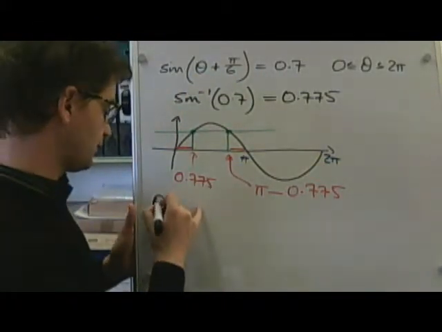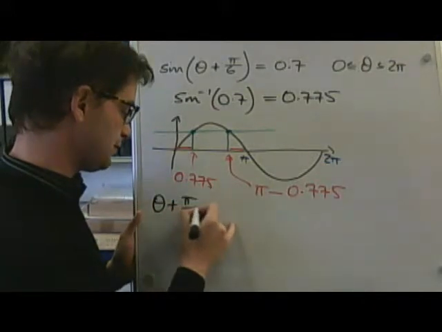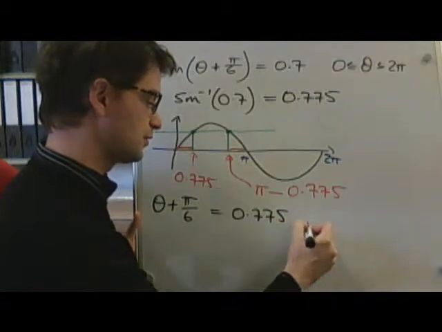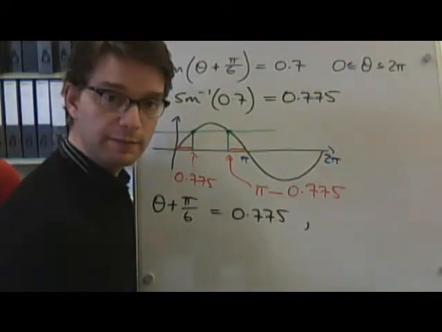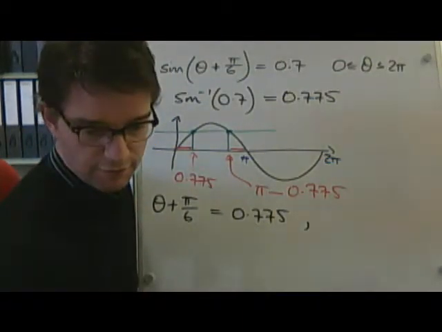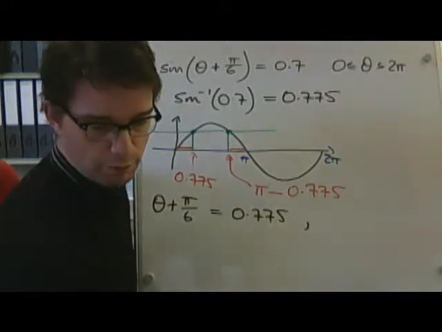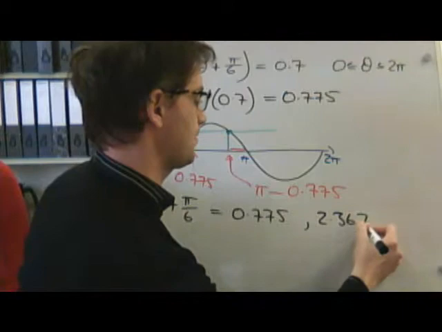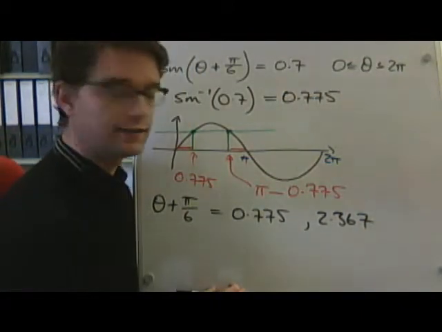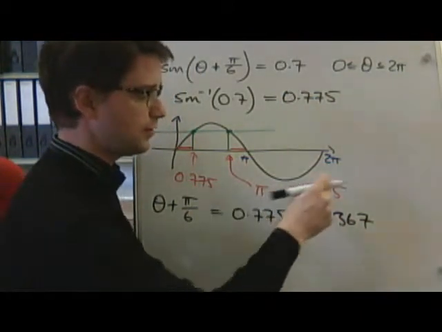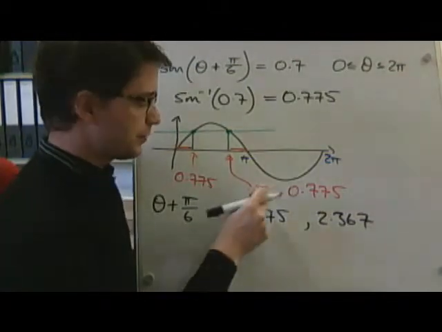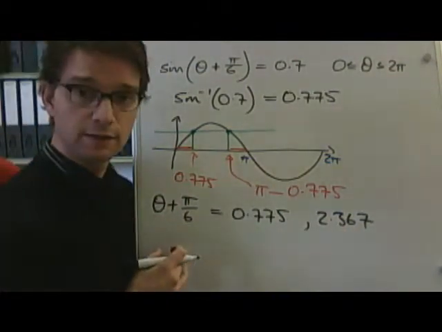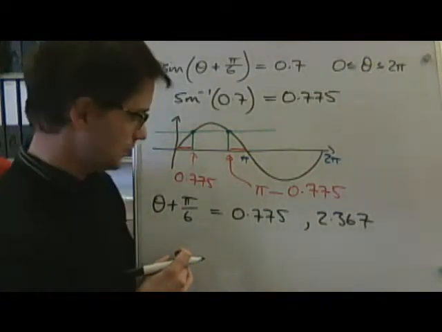So we've got theta plus pi by 6 is equal to 0.775 or pi minus 0.775, which I think is 2.367. So you just get your calculator to tell you what 3.14 minus this is, or use the pi button on your calculator. And we've got two values for theta plus pi by 6.